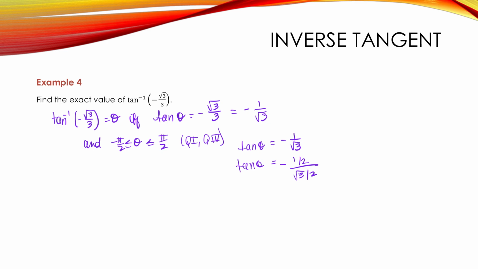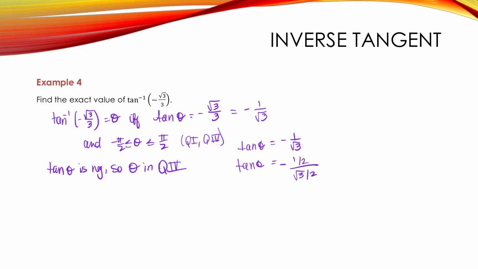Our tangent is negative, so that's telling us already that we're not going to be in quadrant 1. We're going to be in quadrant 4. So our tangent here is negative, so theta is in quadrant 4. So we already know we're going to have a negative value here.